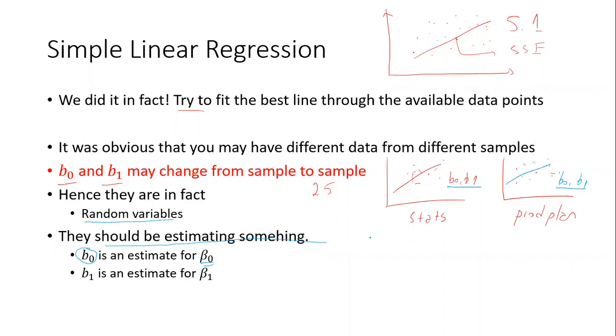So remember, we said B0 plus B1x. This was the line found by minimizing SSE, right? So in fact, it is an estimate for the population regression line, which is unknown. So this is the population regression line.